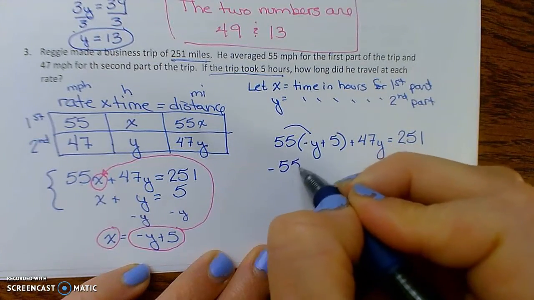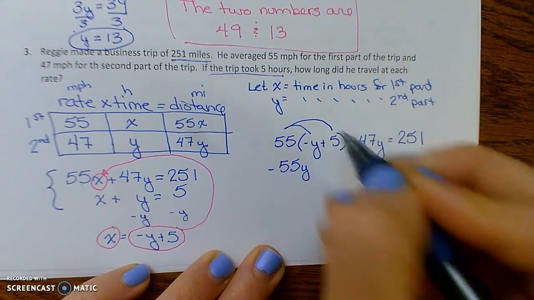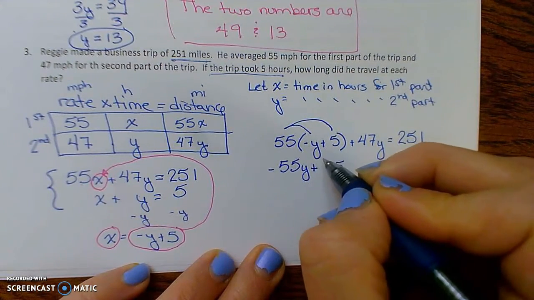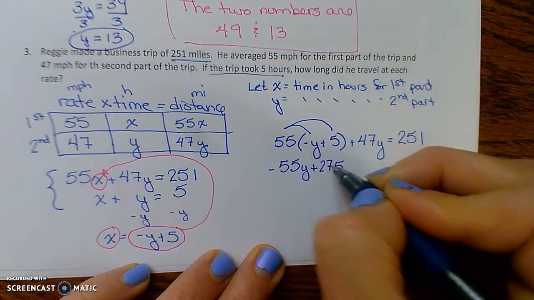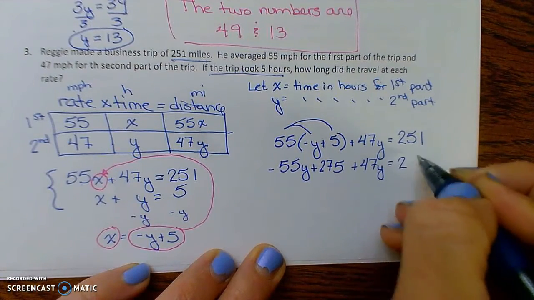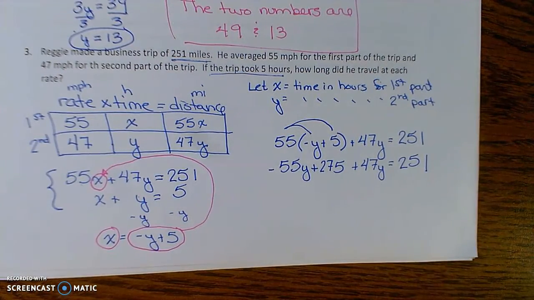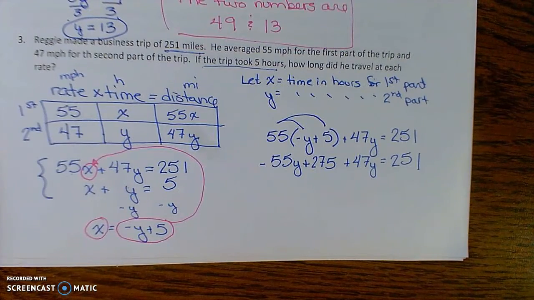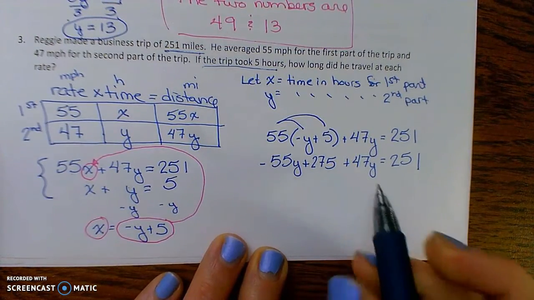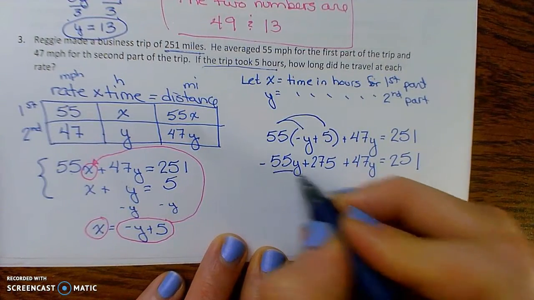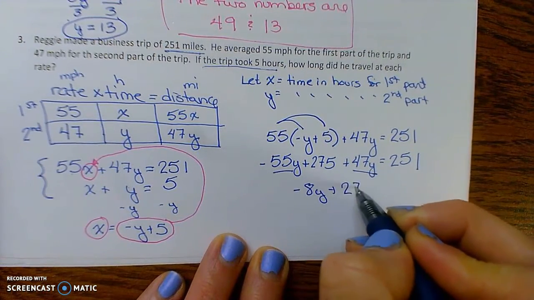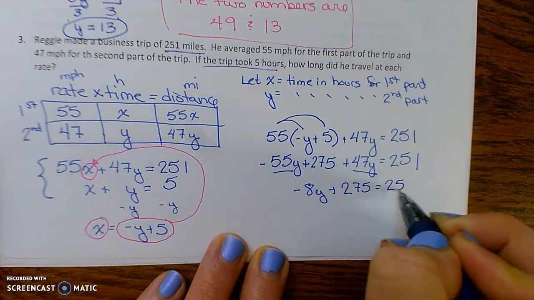Negative 55y plus, what's 55 times 5? 275, plus 47y equals 251. All right, now I'm going to combine my like terms by doing negative 55 plus 47, which will give me a negative 8. So these two together give me negative 8y plus 275 equals 251.